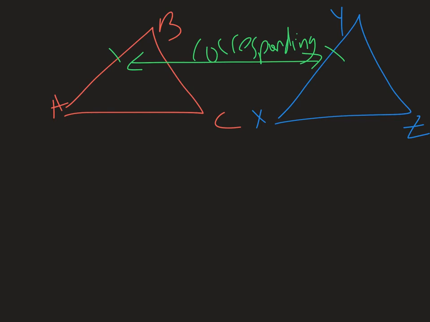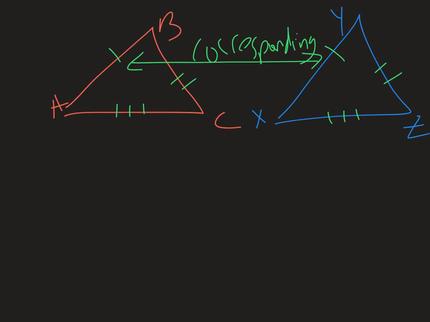The best way I can explain corresponding sides is if you were to do a rigid motion of some sort with triangle ABC so that it would line up with XYZ, then AB would line up perfectly with XY. In this case, it looks like a translation. If we were to slide AB to the right, it would line up perfectly with XY. Likewise, let's say BC is the same as YZ, and AC is the same as XZ.